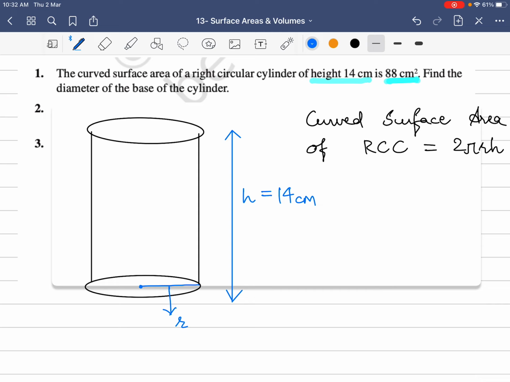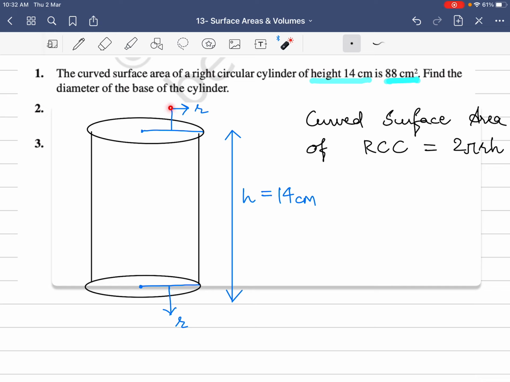Okay, radius. So this r and the r for the top circle are both the same. In fact, this circle and this circle are basically the same circles. They are congruent to each other, although it doesn't look like that in this figure. But the base of the cylinder and the top of the cylinder are exactly the same circles of the same radius and of course the same area.